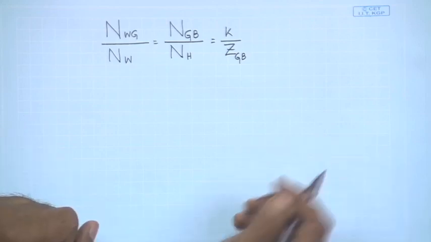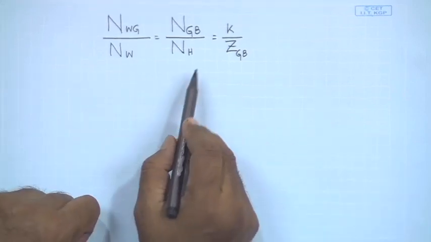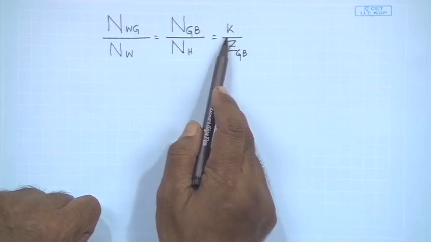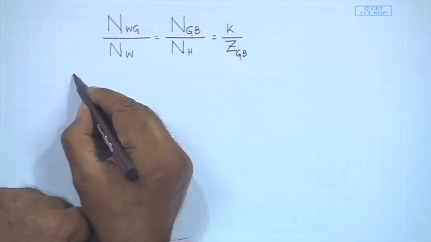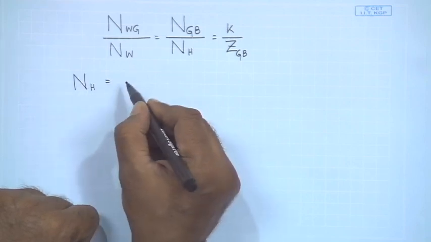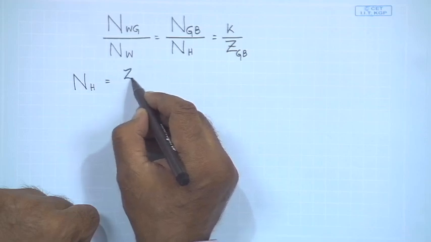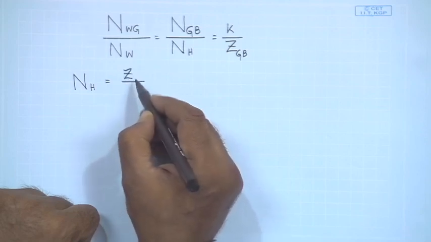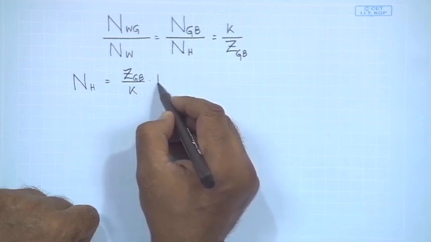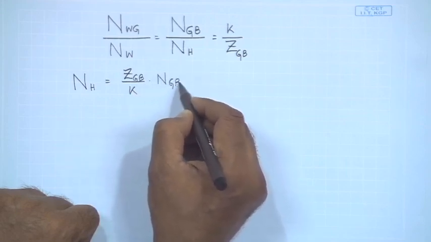Now, if we are cutting a spur gear of Z number of teeth with K number of starts of the hob, then n hob will definitely be equal to Z by K into n gear blank.